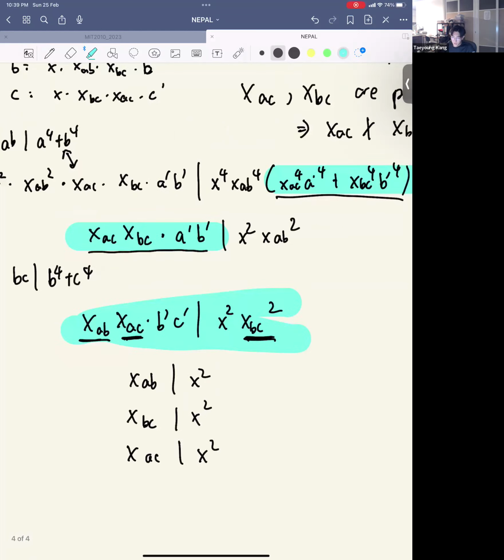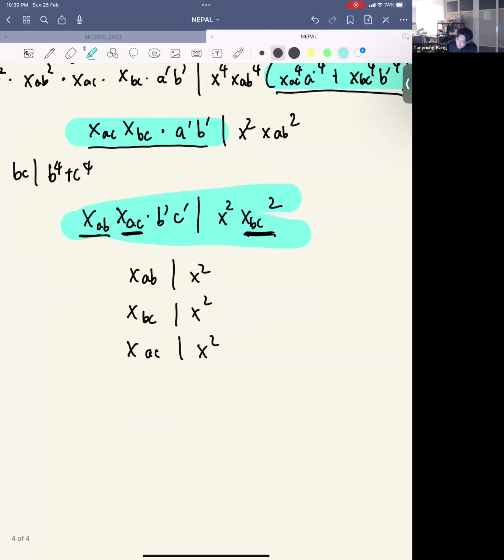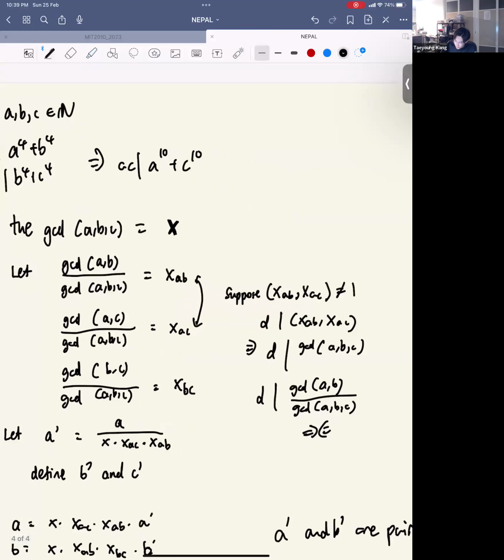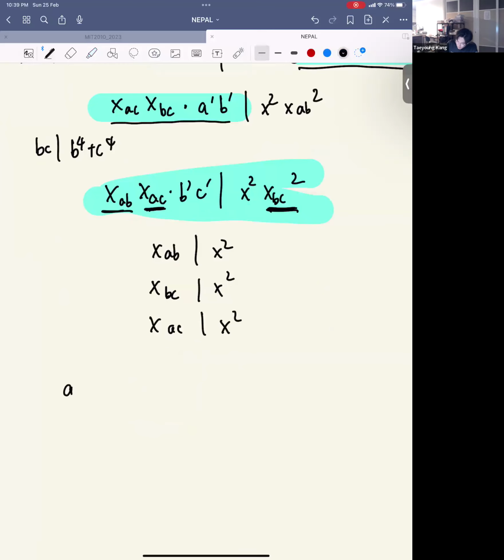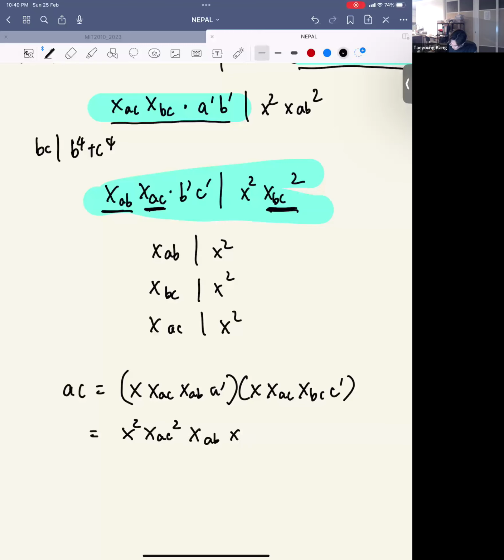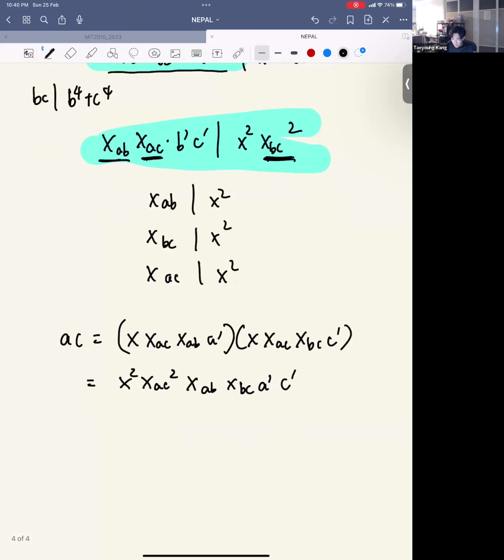Right. So what do we have? So we want to show this, right? But what is AC? AC is equal to XAC XAB A prime times XAC XBC C prime, which is equal to X squared times XAC squared XAB XBC A prime C prime, correct.